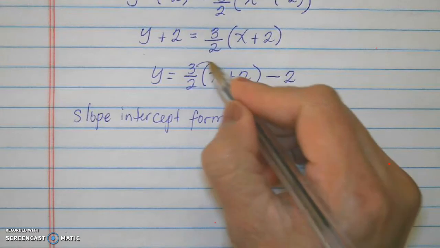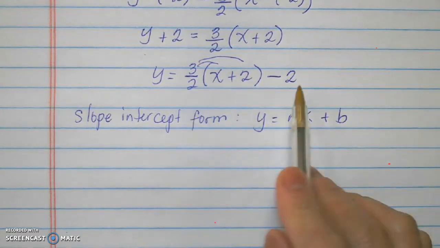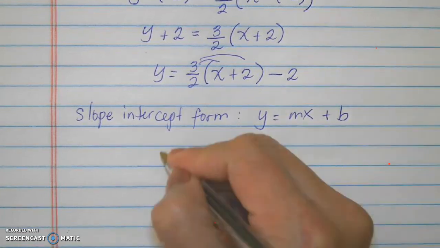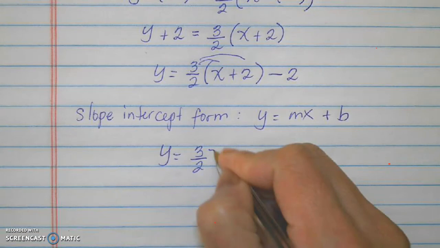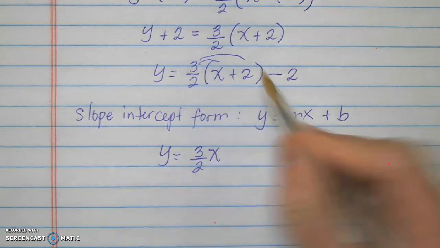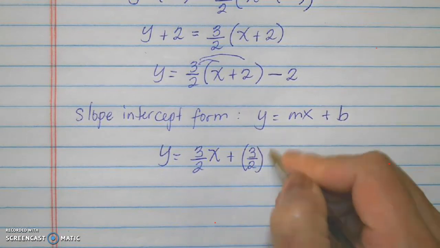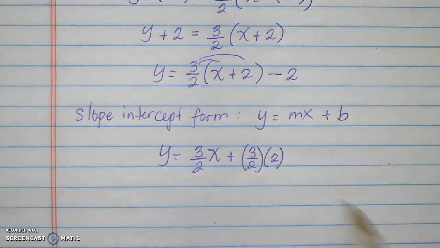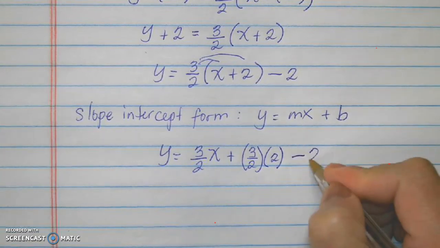It will have to be distributed because by the order of operations, you do the multiplication first before you subtract. So this would now look like 3 out of 2x, and that would be plus 3 out of 2 times 2. Because you're going to multiply, we will simplify that later, and then minus 2 right here.